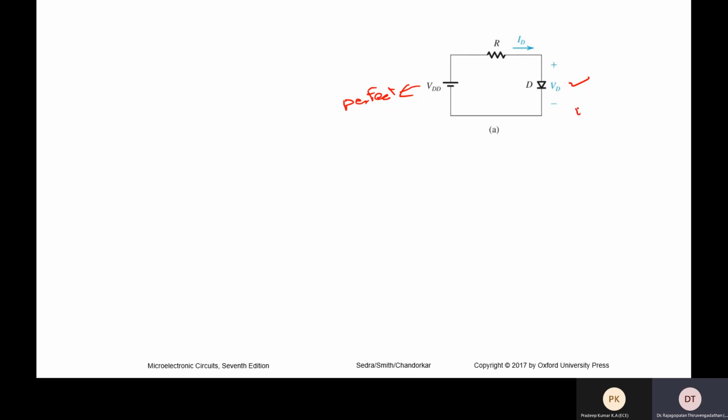So a perfect DC analysis can be performed, with no variation or fluctuation in the source voltage.